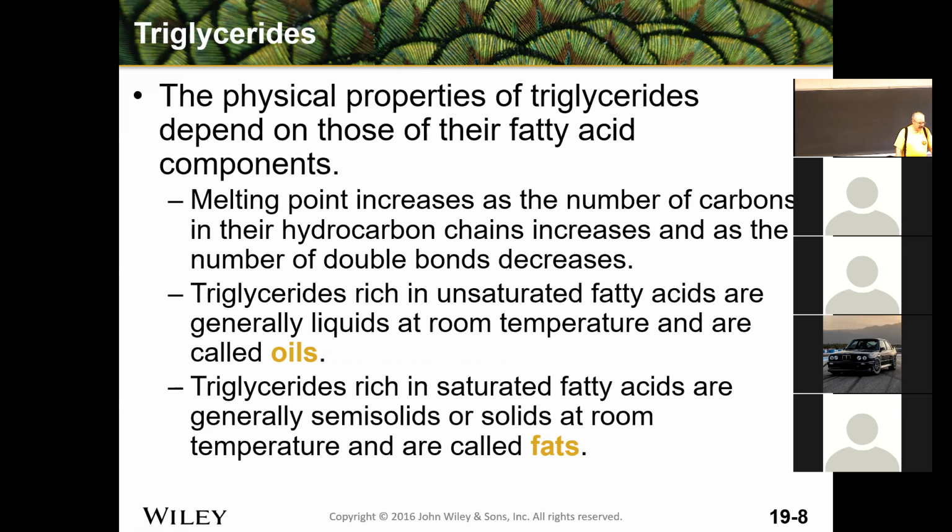Triglycerides that are rich in saturated fatty acids are generally semi-solids or solids at room temperature and are called fats. One exception is palm oil and coconut oil, which come from plants, are highly saturated. They're both solids at room temperature, but they're still called oils.